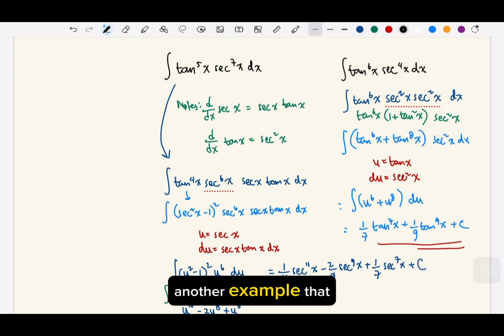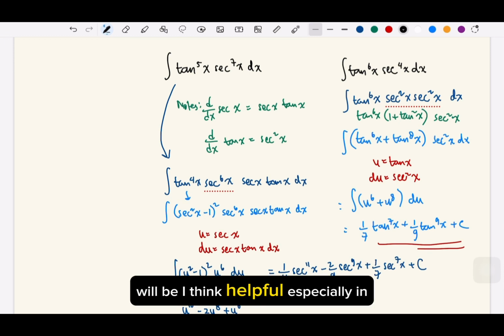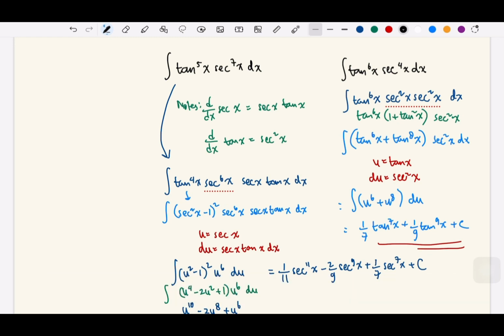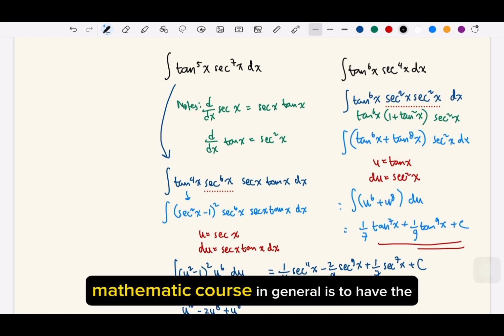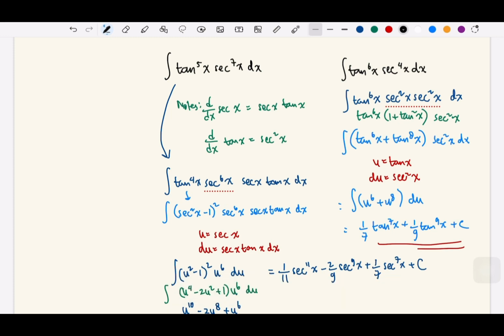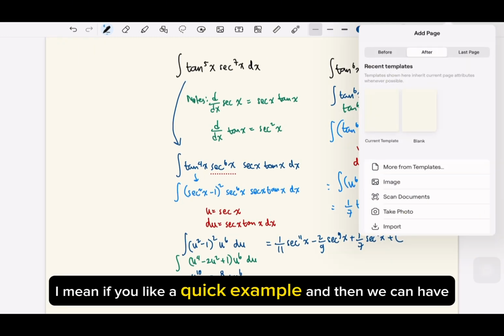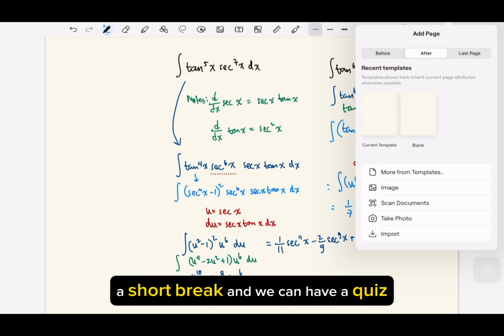Another example that will be helpful, especially in calculus 2 or engineering math, or in mathematics courses in general, is this. Let me give you a quick example, and then we can have a short break and a quiz.